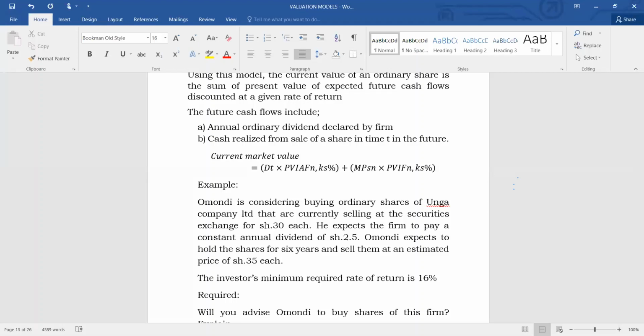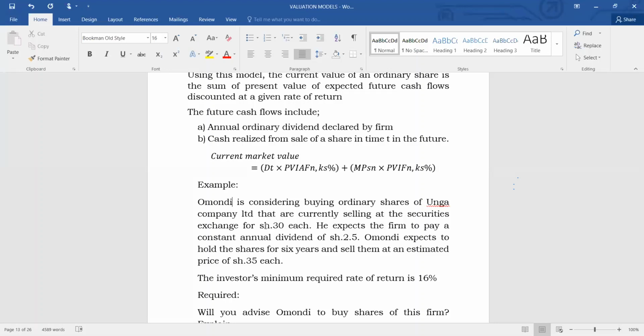I know you guys have done dividend decisions in the past, in the course of financial management. One of the units which we have already done is financial management, and one of the topics captured there is dividend decisions.